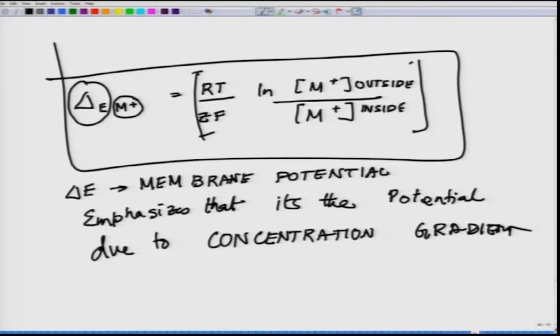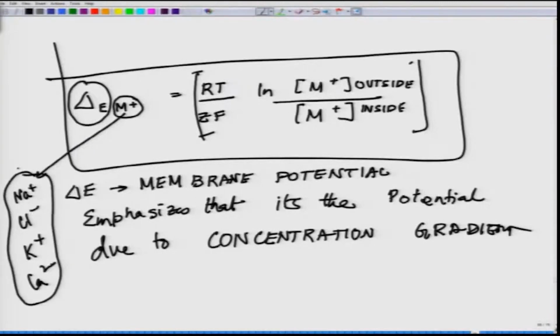So, the situation can be analyzed in the same manner as the concentration cell to show that for any ion M plus, it could be anything, it could be sodium, it could be chloride, it could be potassium, it could be calcium, whatever ion is involved in it.